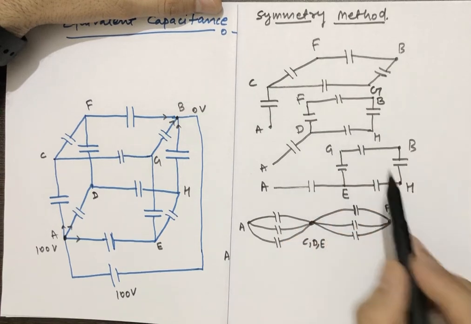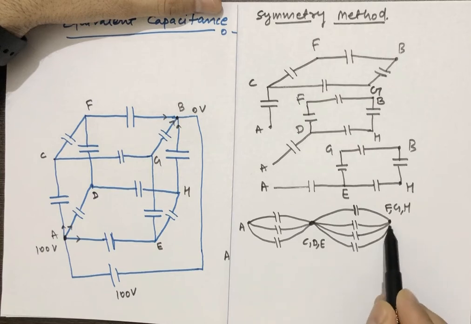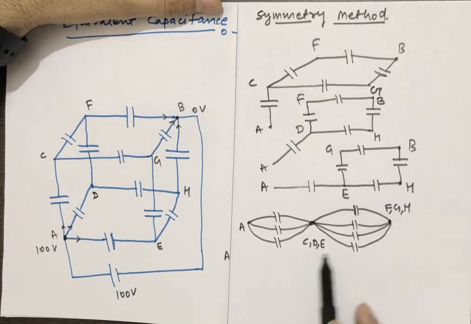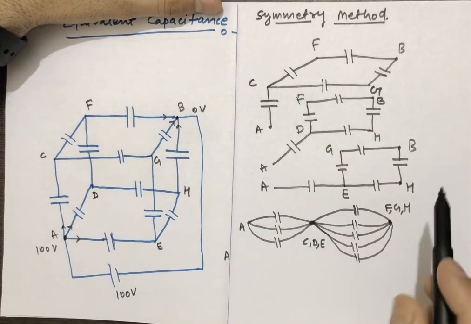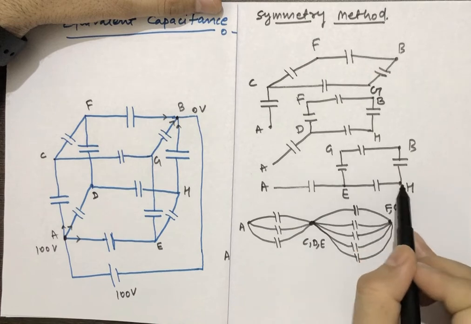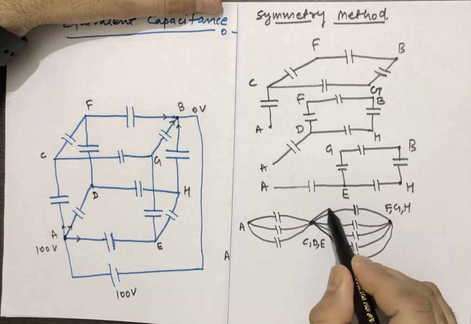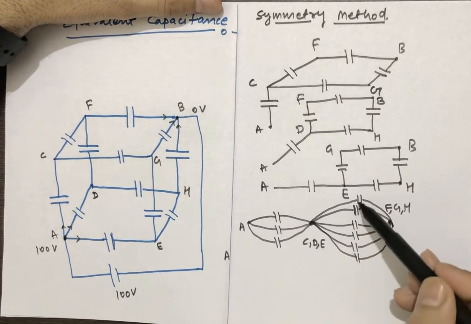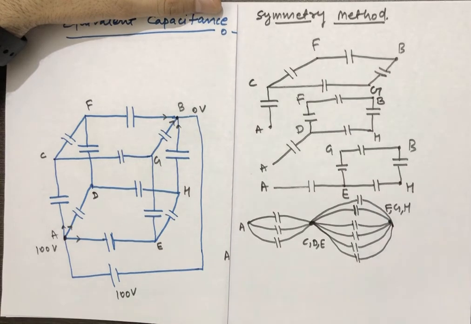From D to H, H is the same point here, D to H, one more capacitor. From the third branch, E to G, E is here, G is here, this is one more capacitor. And E to H, one more capacitor. So there are 6 capacitors, 1 2 3 4 5 6.